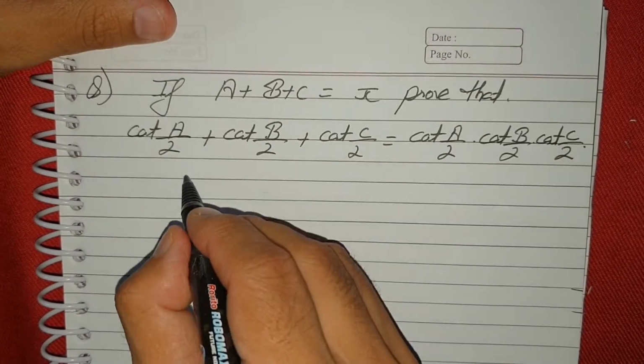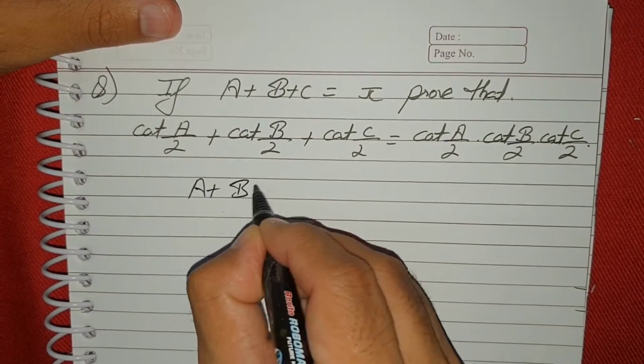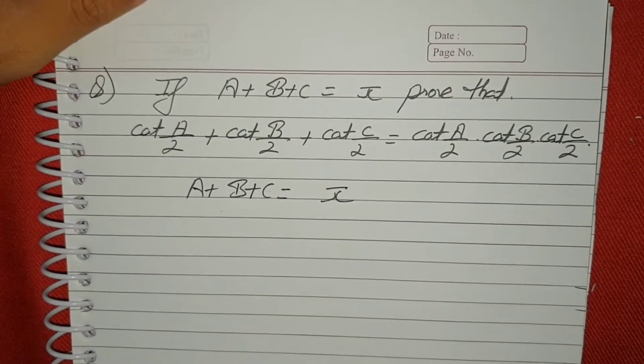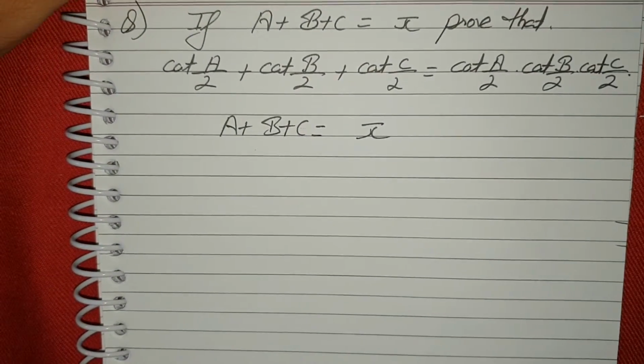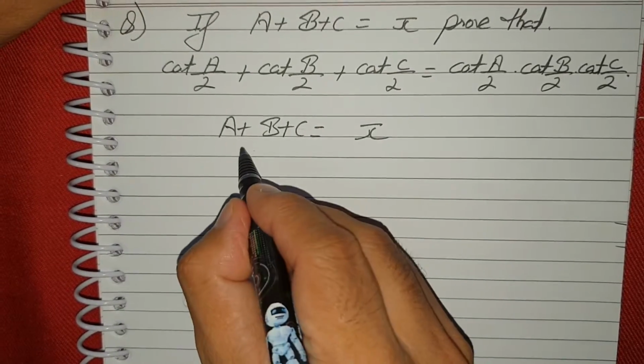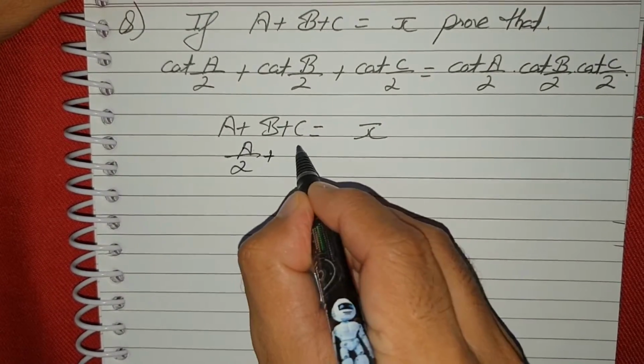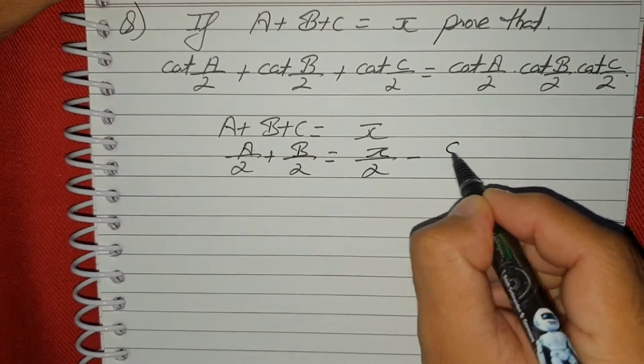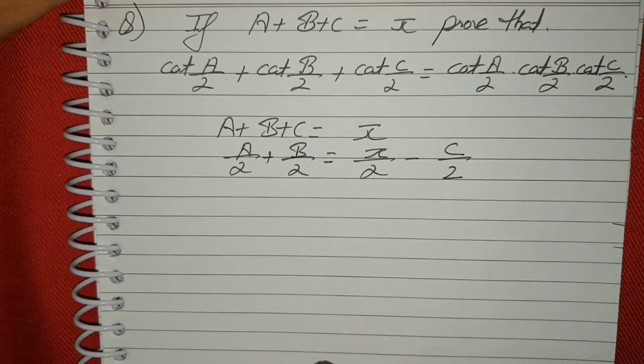We know that A plus B plus C equals pi. Okay, so you can write this as A by 2 plus B by 2 equals pi by 2 minus C by 2.